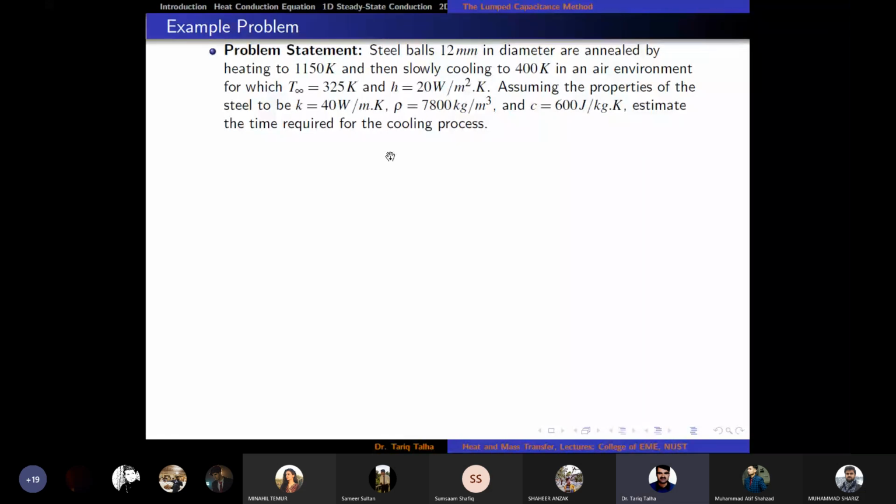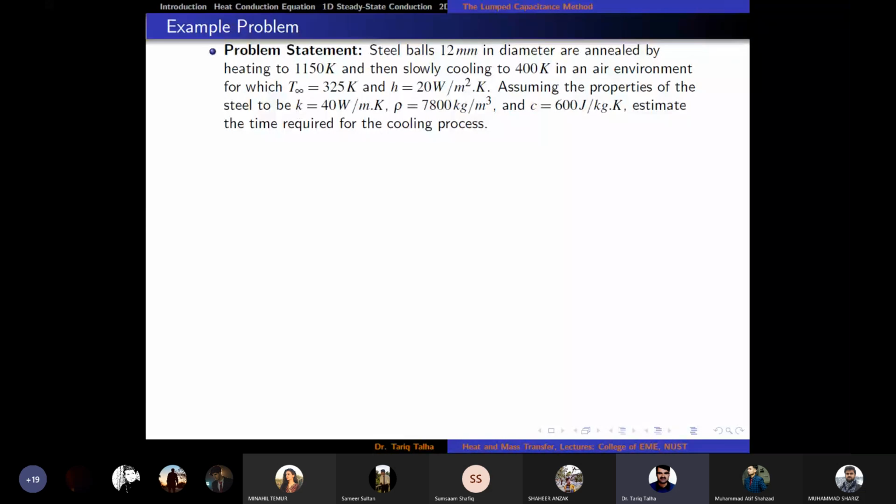So it means that once we put that in that air environment, how long would it take for the temperature to decrease from 1150 to 400 Kelvin, right? The k value, you can see, is quite high, 40 watt per meter Kelvin, but it is not an infinite value, as was the assumption of lumped capacitance.